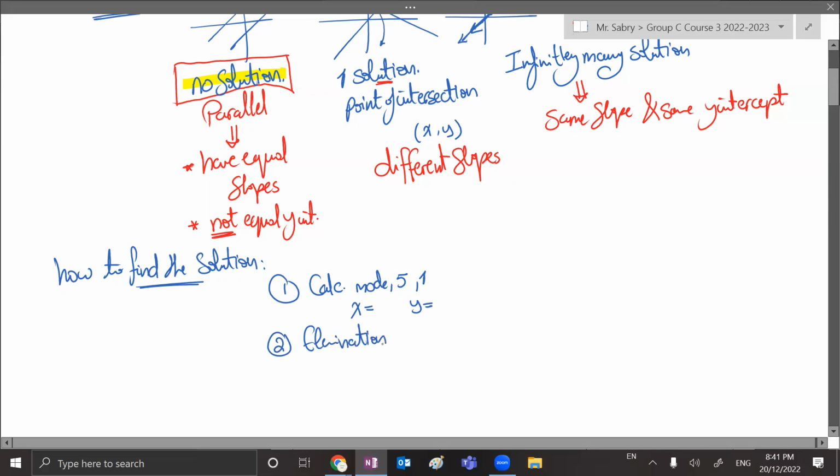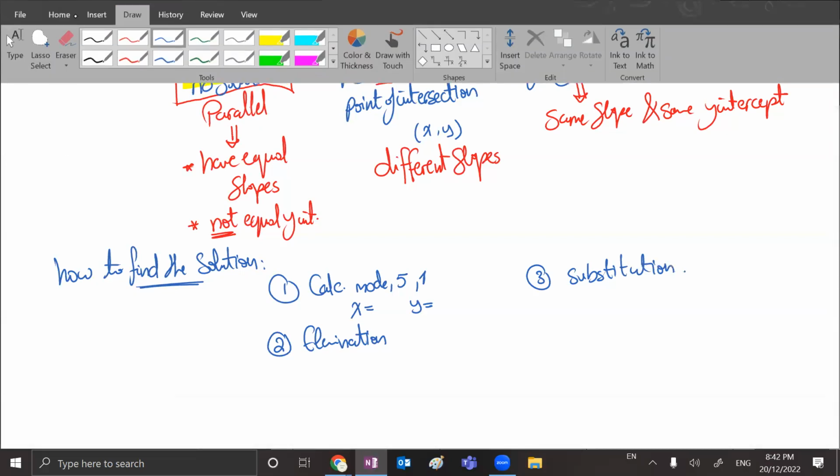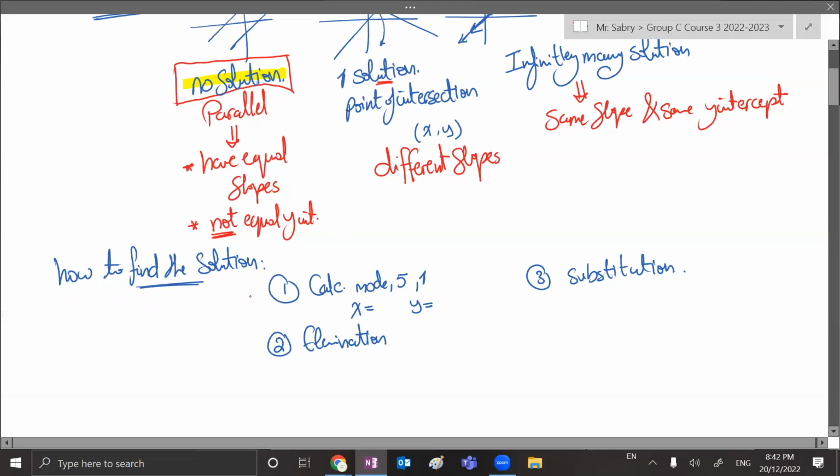And the third method is by substitution. So the mode 5-1 and the elimination, these two work only on linear equations. But the substitution works on quadratic and linear as well.